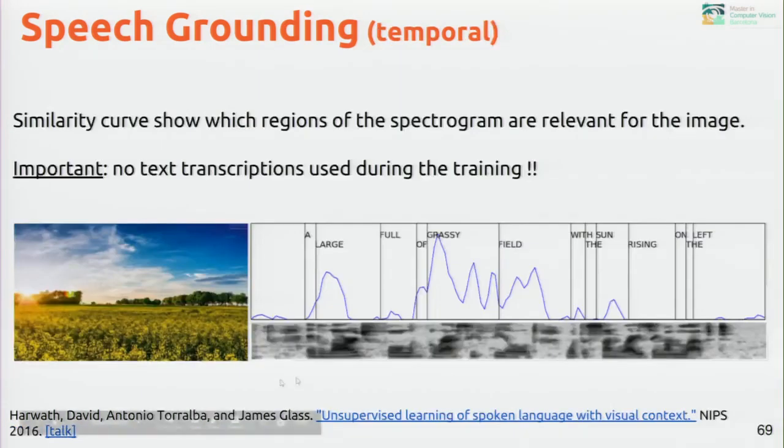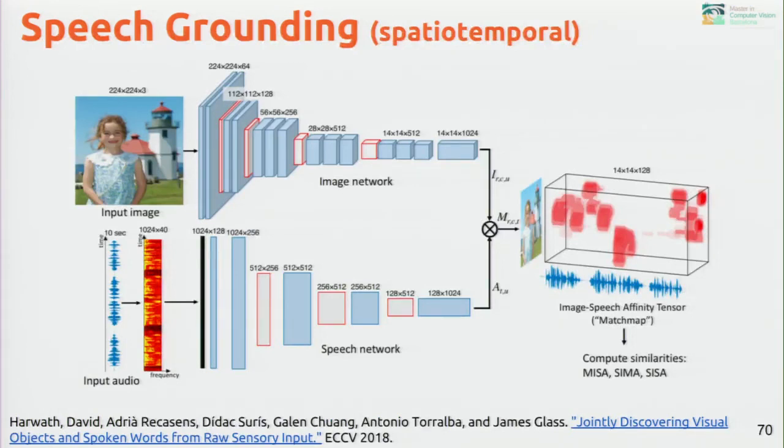Instead of having a similarity score, now they look at the convolutional activations, the spatial activations, and they observe what part of the image was being attended throughout the spoken words.